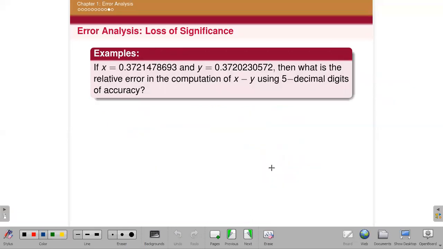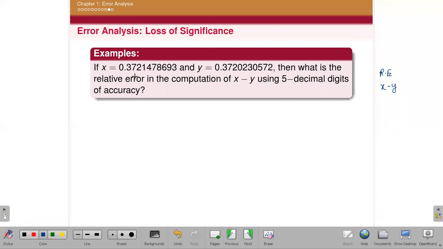If x is equal to this number and y is another number, actually two nearly equal numbers, what is the relative error in the computation of x minus y using five decimal digits of accuracy? You have to take x minus y as the exact value, then find the approximate value of this difference by taking 5 decimal digits of accuracy, and then find the absolute and relative error.